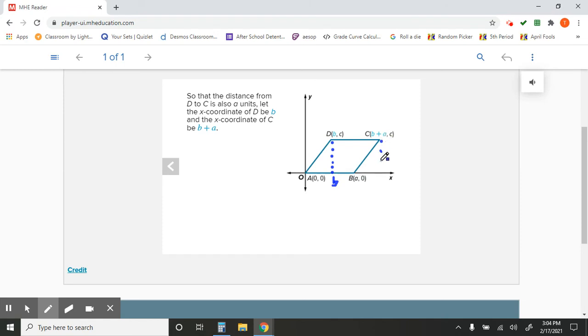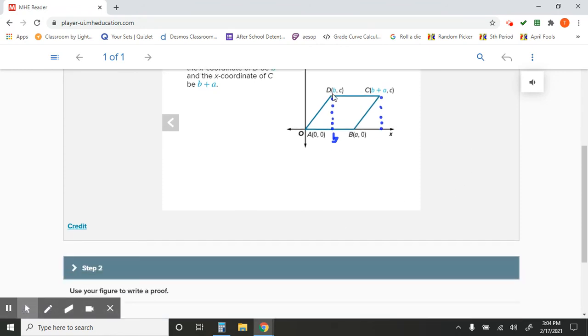So this distance will be all of a plus b. So we have our coordinates. Point D is at (b, c), point C is at (b plus a, c), A is at (0, 0), and B is at (a, 0). So we're going to use those coordinates to write our proof.